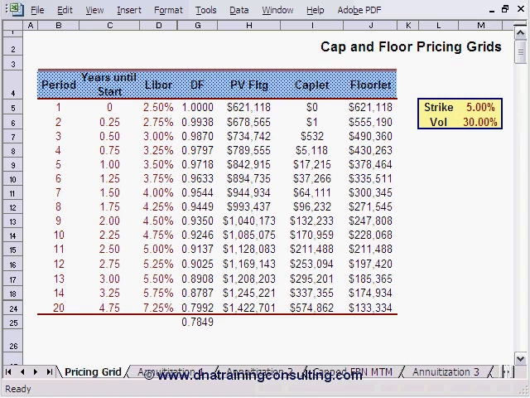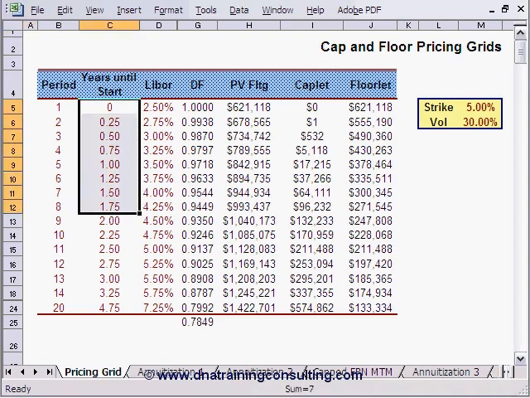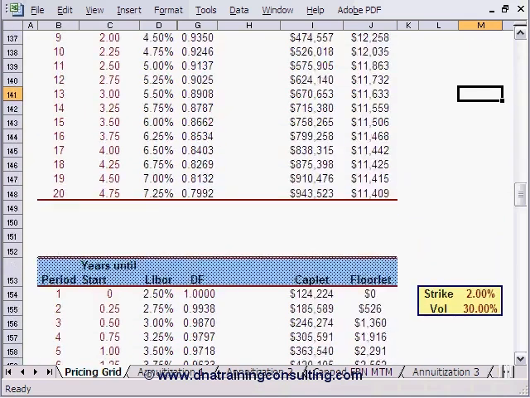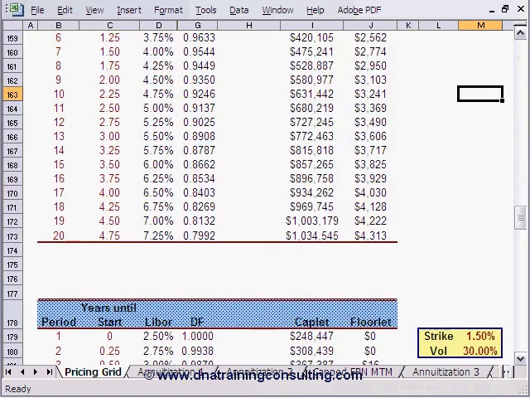Our first worksheet, Pricing Grid, prices caps, floors, and further to the right, swaps on 3-month LIBOR with tenors ranging from 3 months out to 5 years in the case of the caps and floors, and strikes ranging from the 5% that you see here to further and further lower strikes that appear further down the worksheet as you click on page down.